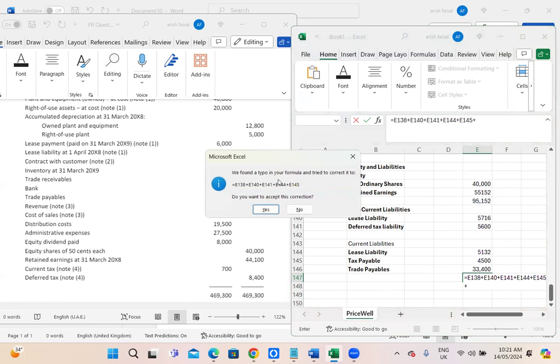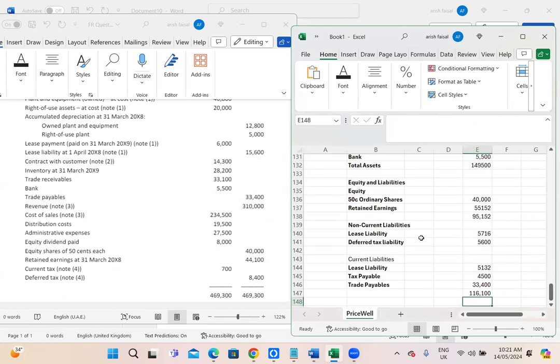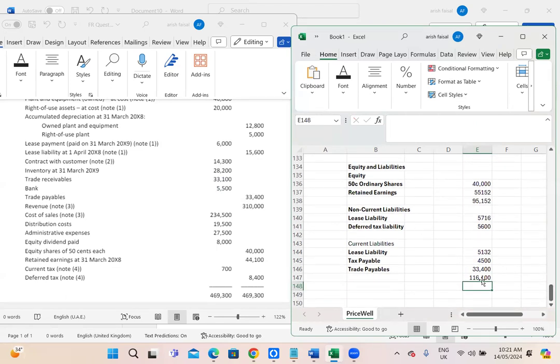So I hope I've done it. We have 40,000 over here, 5,716, 5,600, 5,132, 4,500, and I messed up with my trade payables.